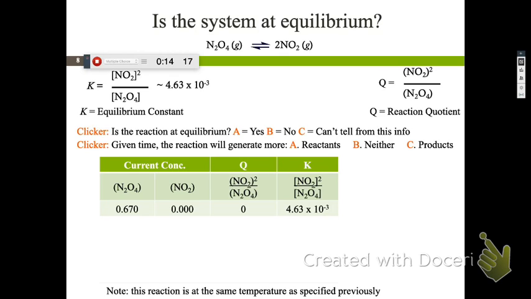Go ahead and click on your response for these concentrations. All right, it's a 2-to-1 split. Talk to your neighbor. Try to decide what you're going to generate more of as the reaction proceeds. Nice chart.